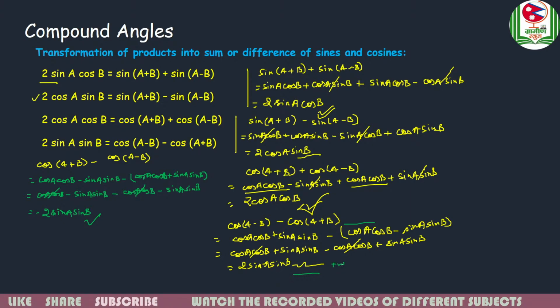Here it is positive, and in the case of cos(A+B) minus cos(A-B), the result is negative. So you have to be very careful, and I think you have understood all these things, and you might be feeling very well. If you found anything as a query, you can inform us and we will reply as soon as possible.